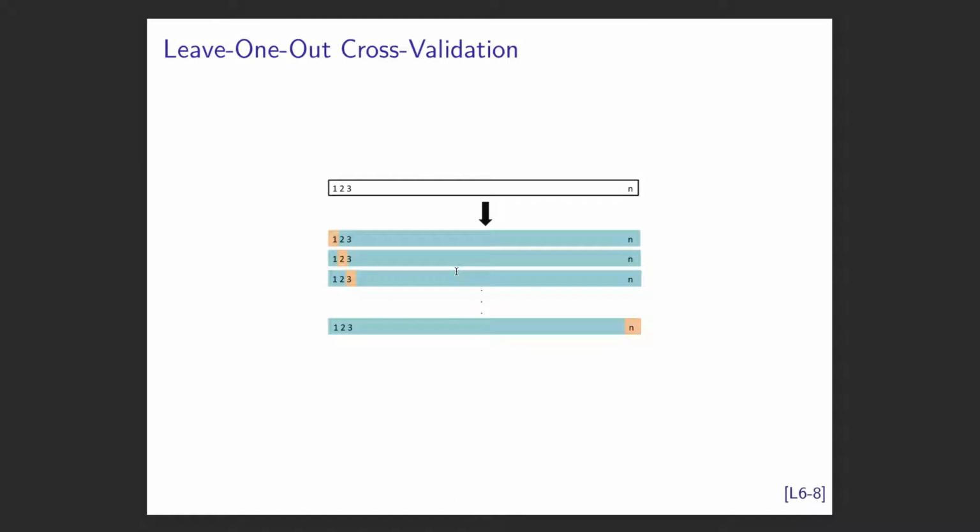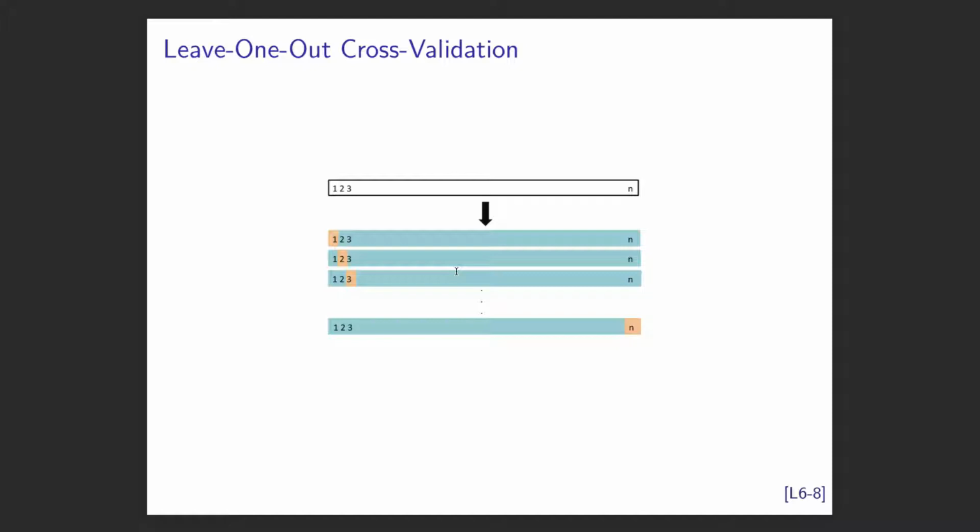So how can we take this into account? The first one is what we call leave-one-out cross-validation. We've got our data from 1 to n, represented by the white block. The first time, we remove the first observation and fit the model on the remaining n-1 observations. You then predict that first observation and ask, what's the error?